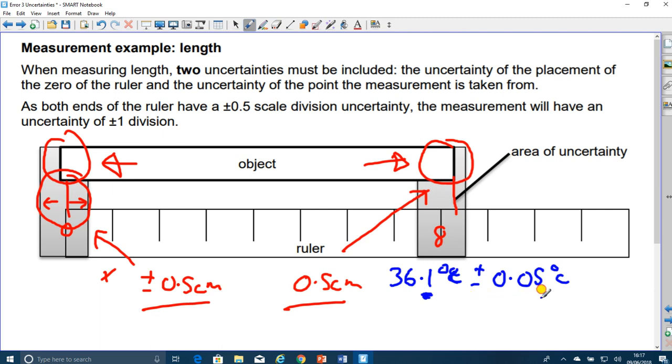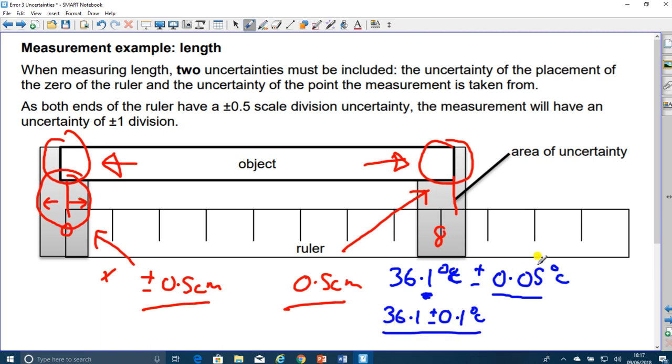So even though our uncertainty is only half that, even though it's a reading, I can still only say that this is 36.1 plus or minus 0.1 degrees C.